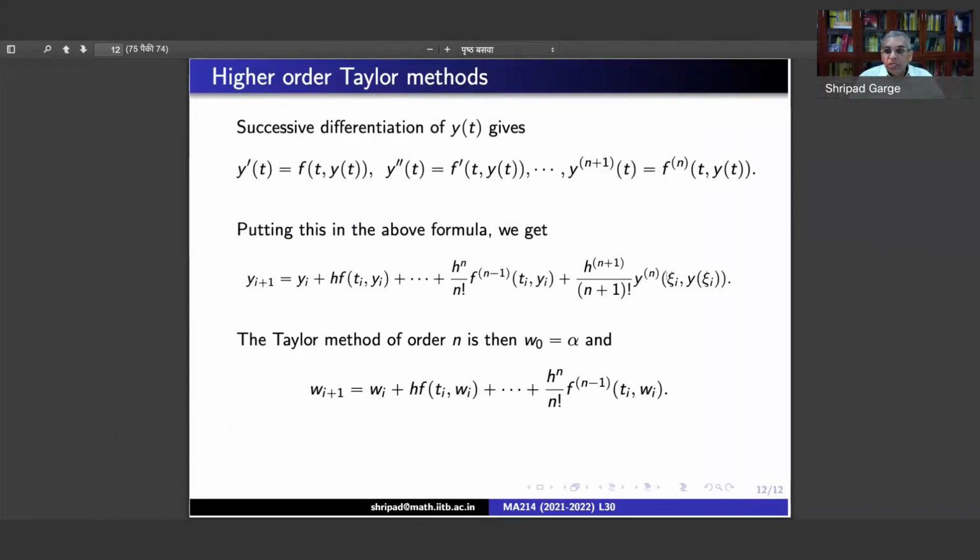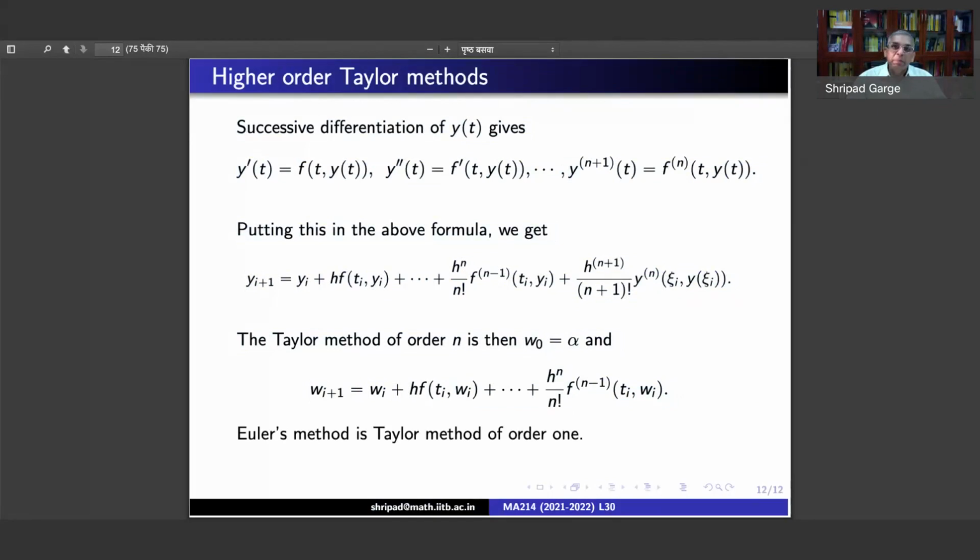We are going to ignore the error term. So this is the Taylor method, and we see that Euler's method is nothing but Taylor method of order 1.